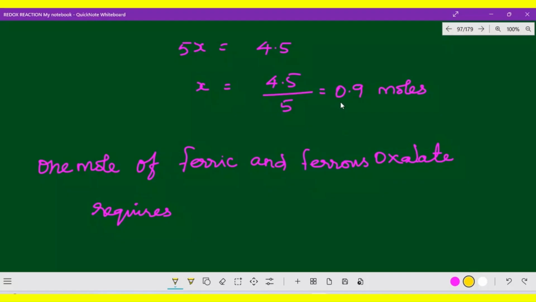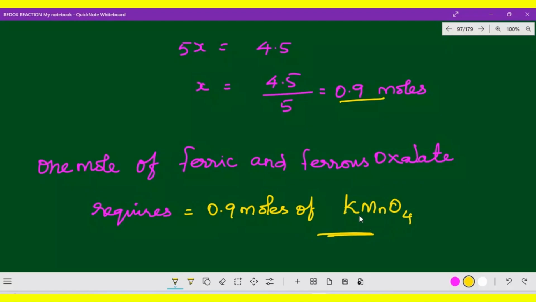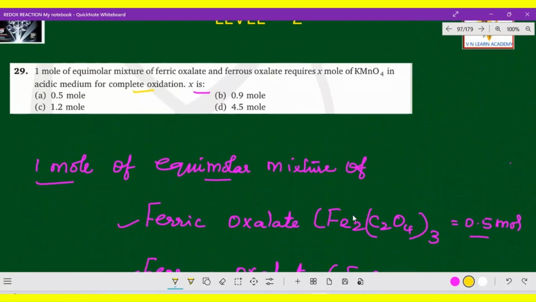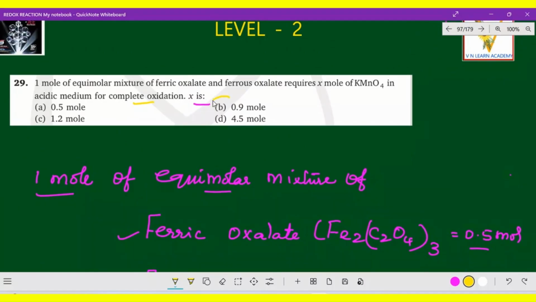Just now we found, it requires 0.9 moles of KMnO4, right? I hope you got that idea. Yes, come on, let us check the answer. Here the answer 0.9 mole is available. Option B is the correct option.